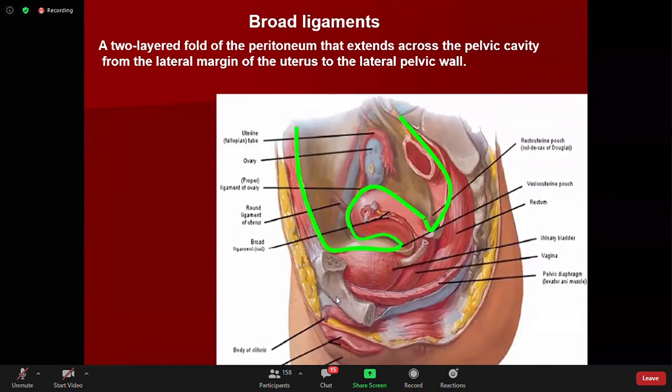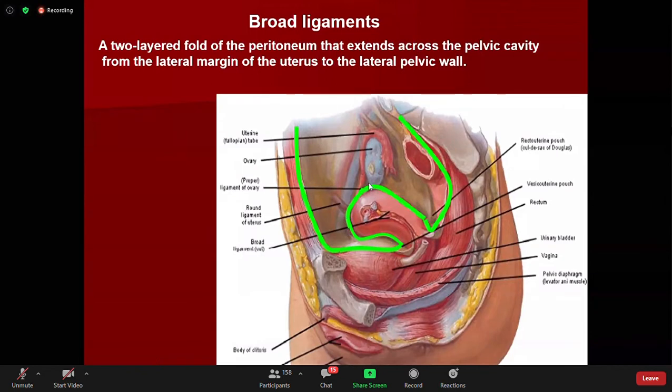Now, the third ligament is a broad ligament. When you read a textbook description of a broad ligament, it's somehow confusing, and each textbook will define it differently. Now, it is a very simple concept. You have the peritoneum coming from the anterior abdominal wall onto the bladder, onto the uterus, right?